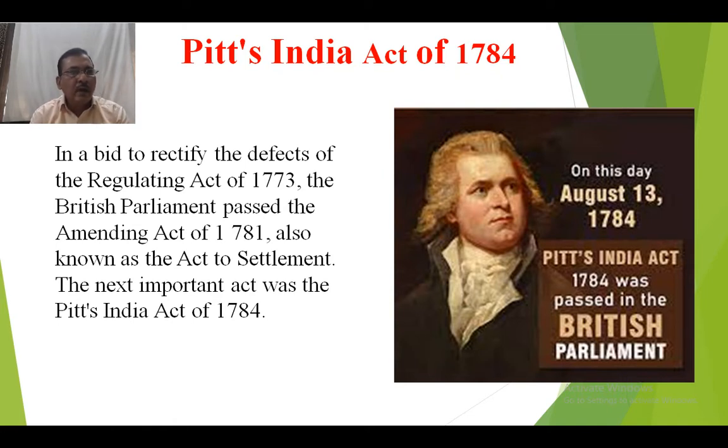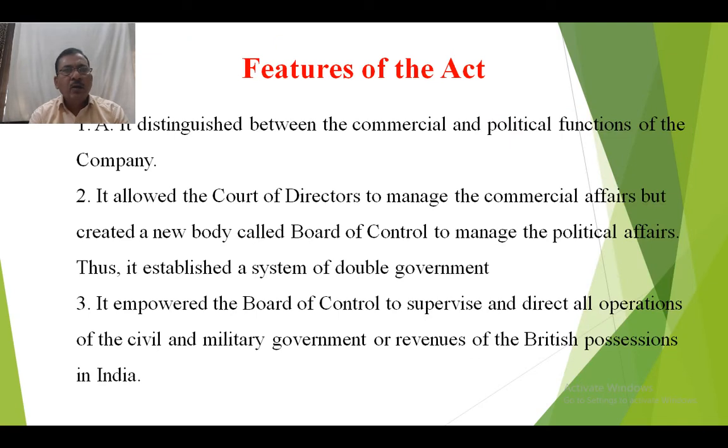Basically, the acts and regulations passed by the British Parliament were to control the affairs, especially the political affairs, of the East India Company in our country, because the British Parliament did not want the East India Company to flourish and gain power in the political affairs of the country. Hence, they started making certain laws in order to curb the affairs of the East India Company.